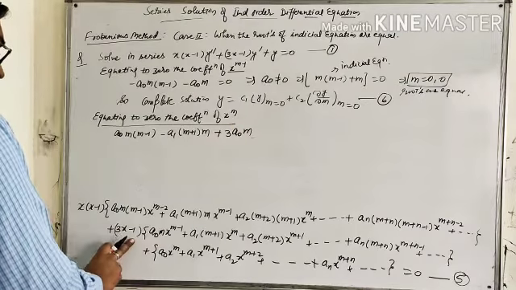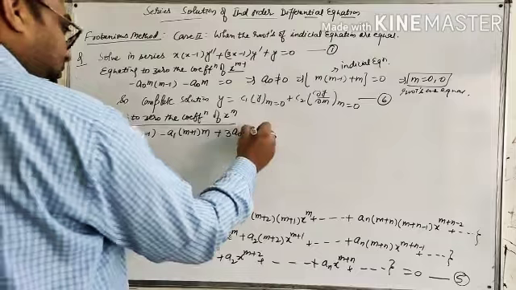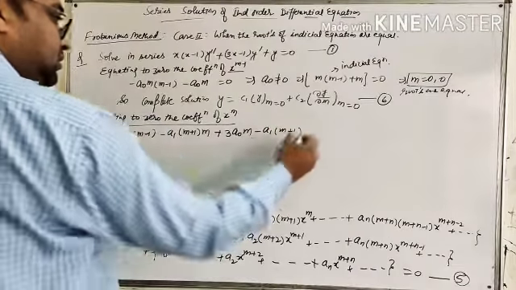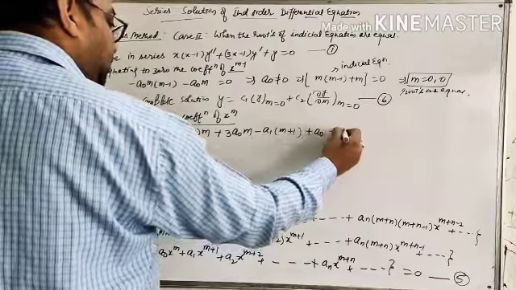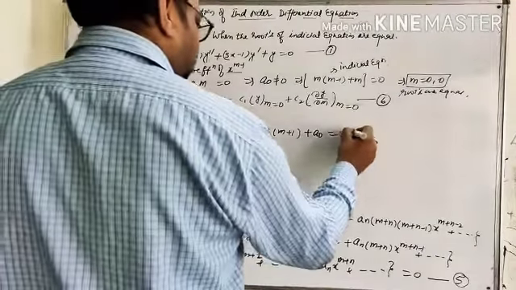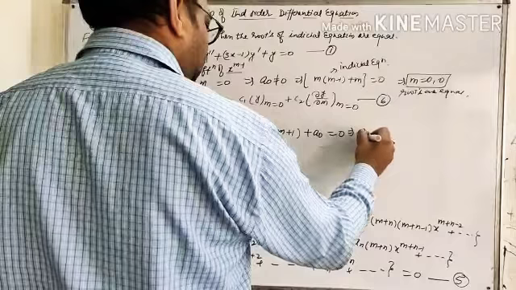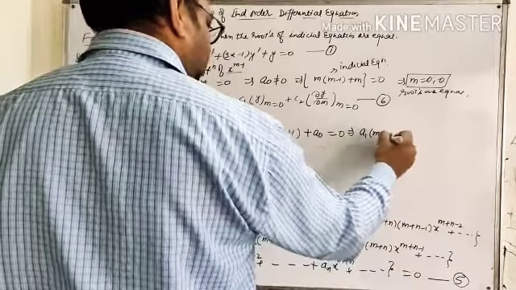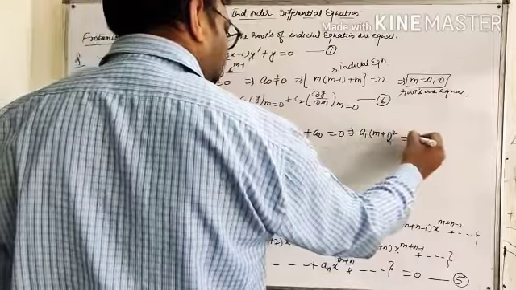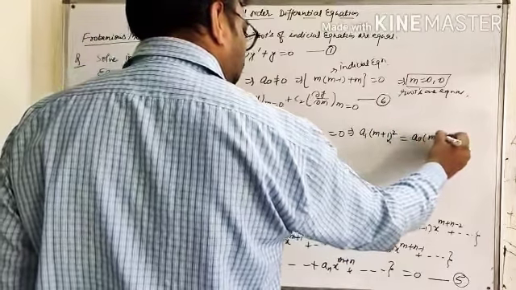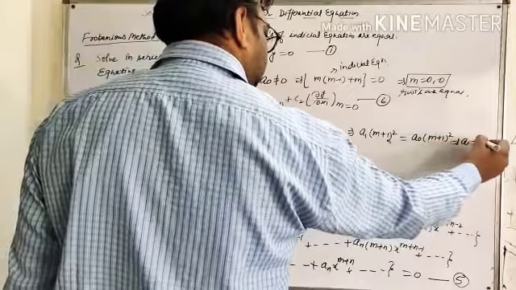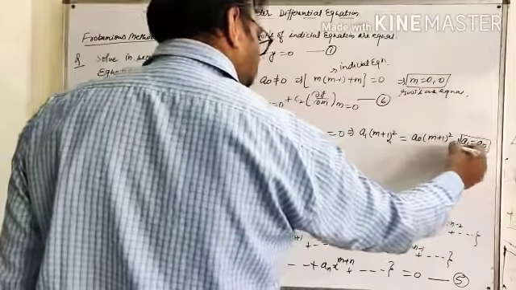When we multiply by 1, then minus a1 m plus 1, and this is a naught equals to 0. So a1 m plus 1 whole square equals a naught m plus 1 whole square, or we can write it as a1 equals a naught.